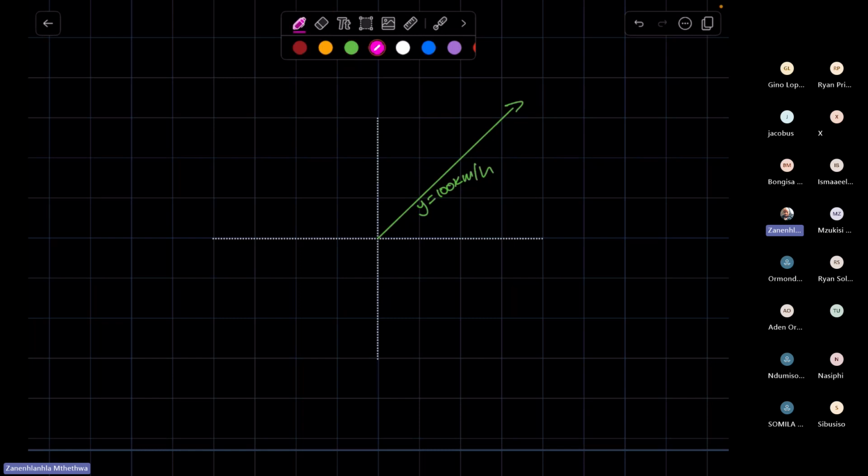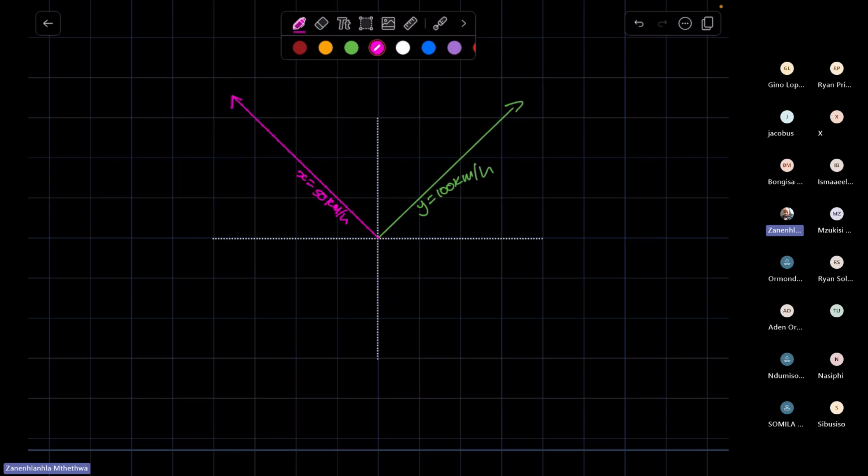And then you have an object X. Object X is, say, moving in this direction, right? Say X is equal to 50 kilometers per hour.